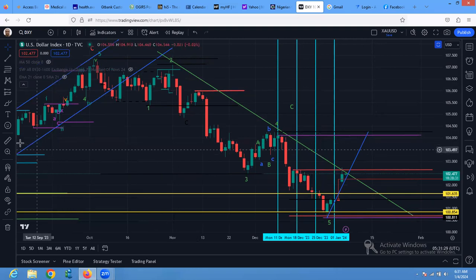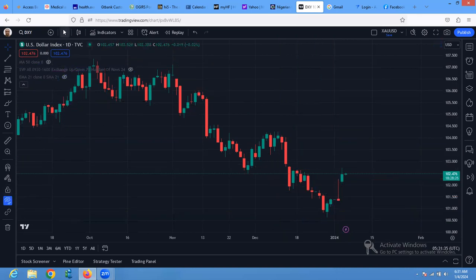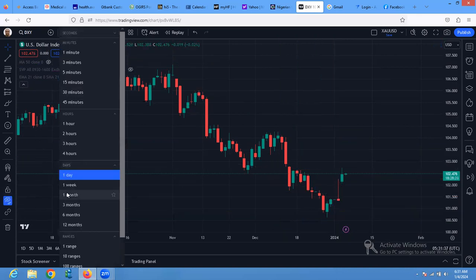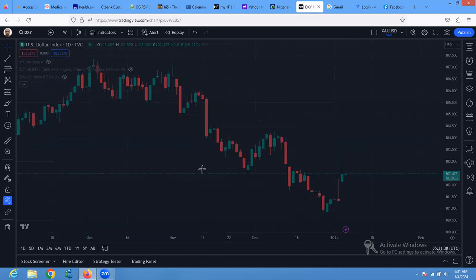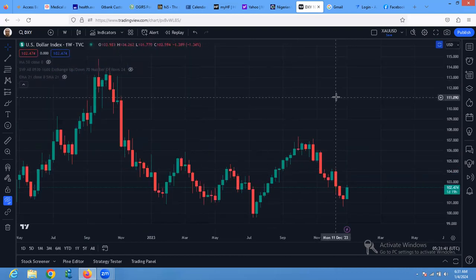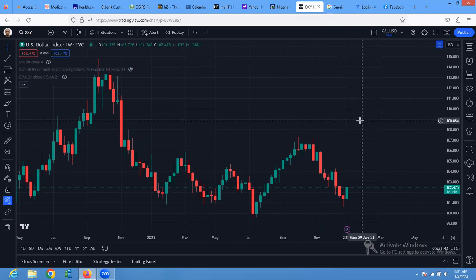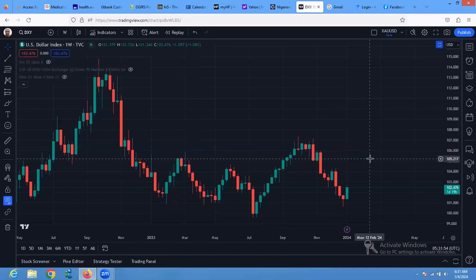Now, if you want to understand at what point we expect that to happen, really, let's quickly turn to our weekly time frame. Now, if we turn to our weekly time frame, we are looking at those weekly resistance now that we could have price falling back.